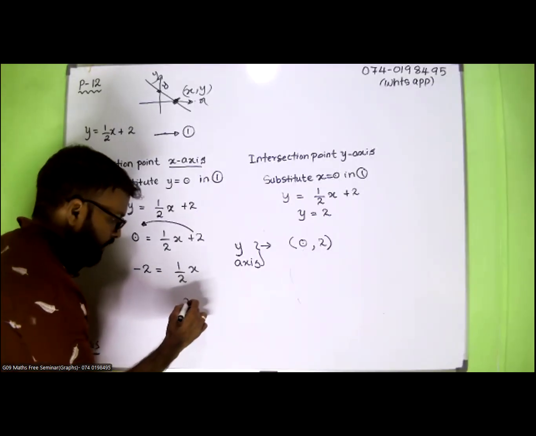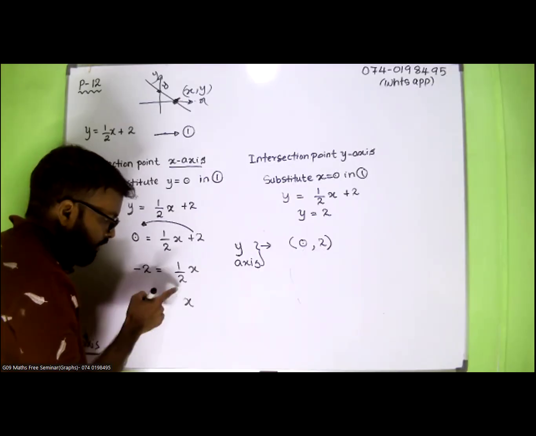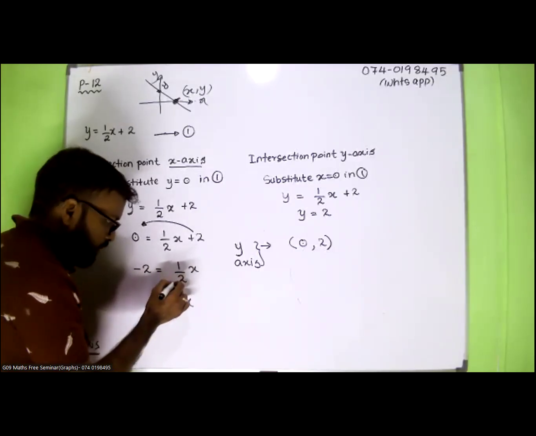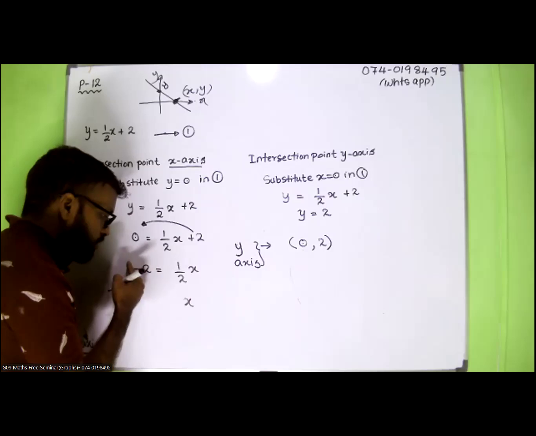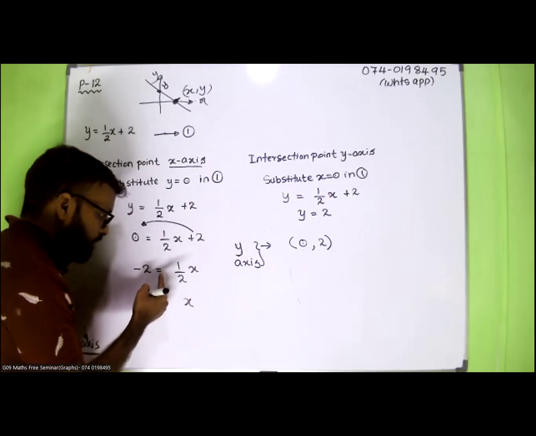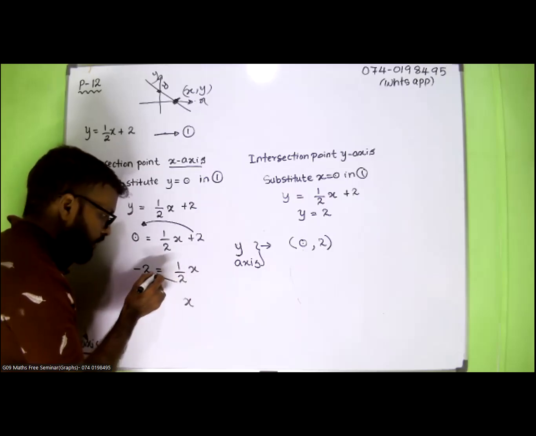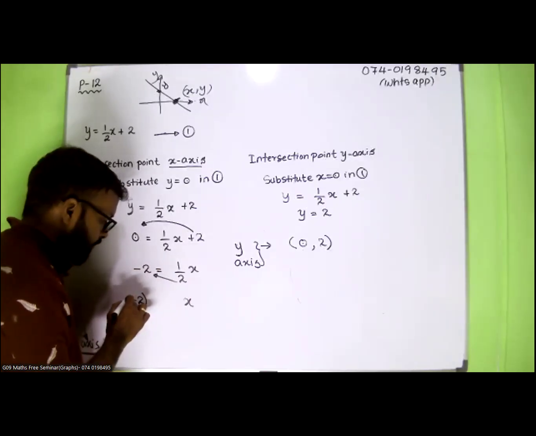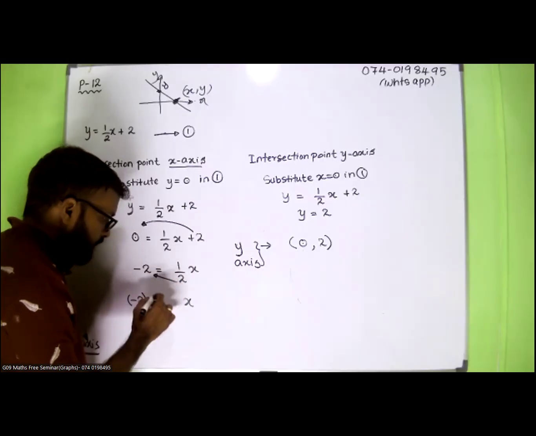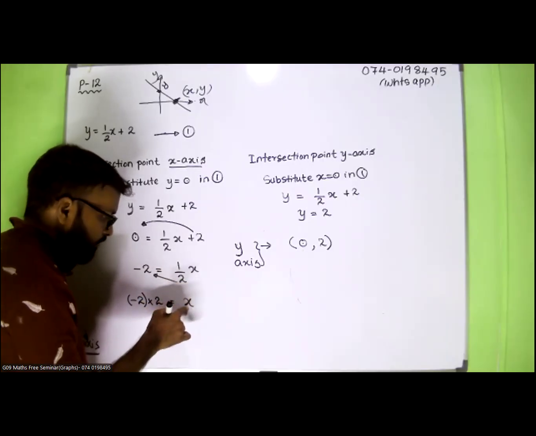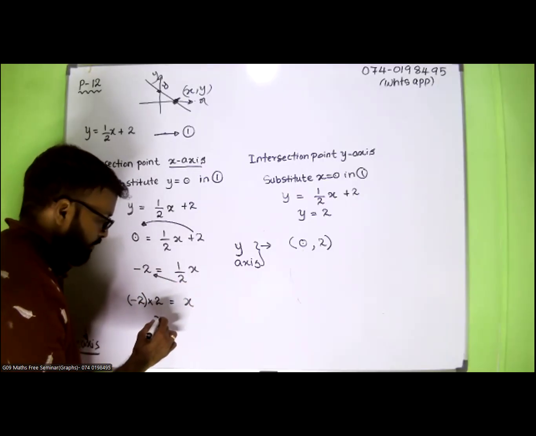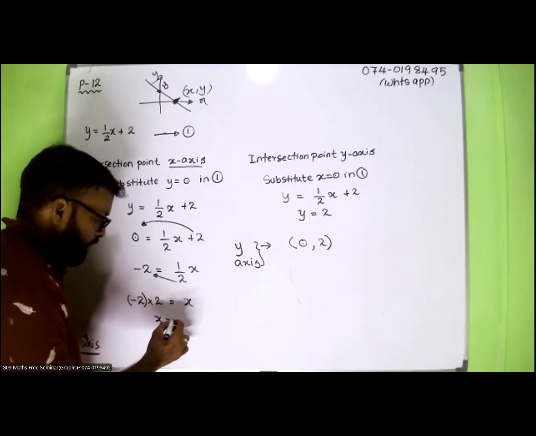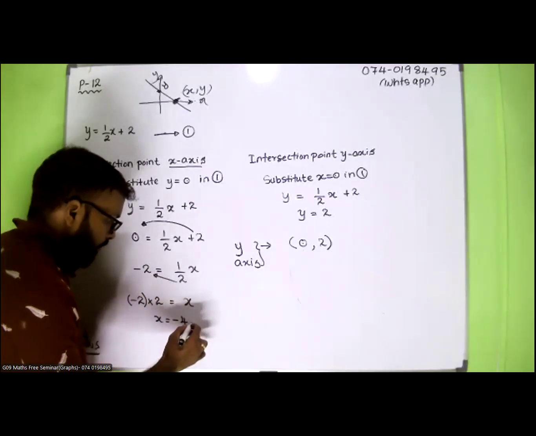If you want to find the value of x, this 2 is in the denominator. When it goes to the other side of the equal sign, it goes to the numerator. Very easy. So you can write minus 2 multiplied by this 2. So the value of x is this. x can be written as minus 4.